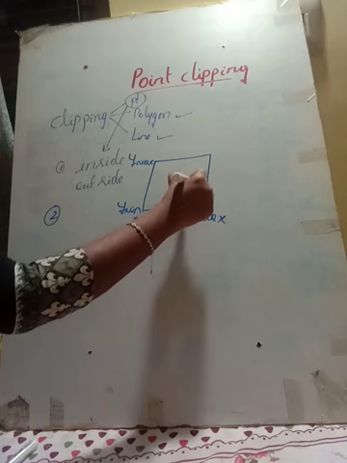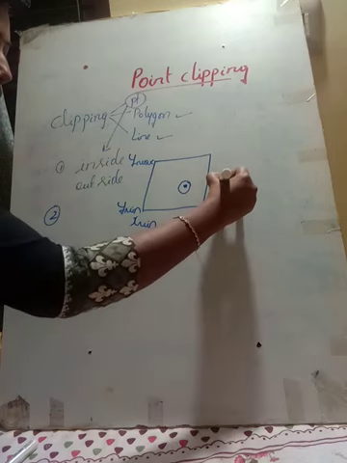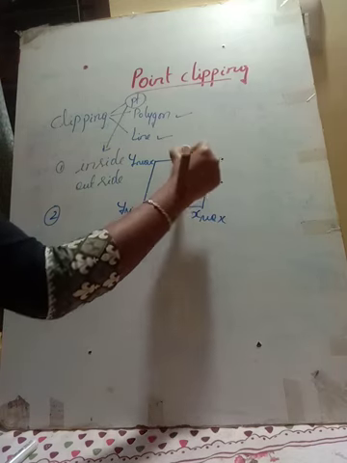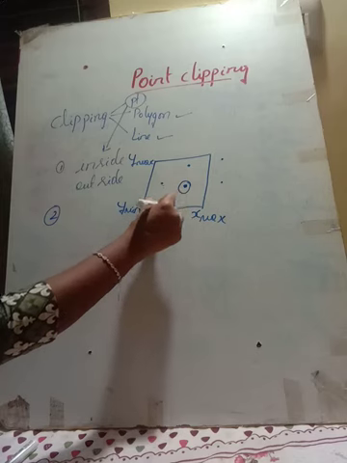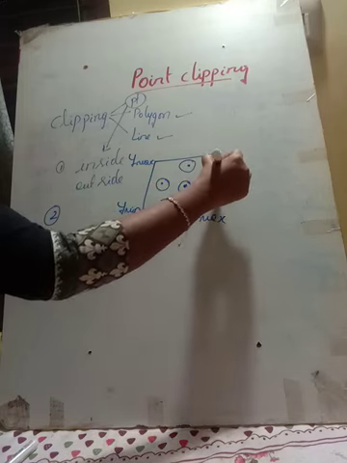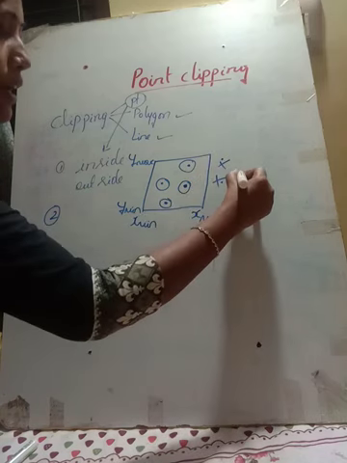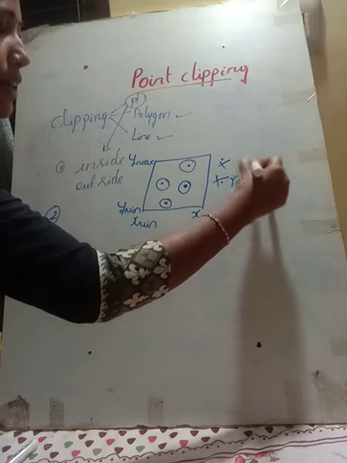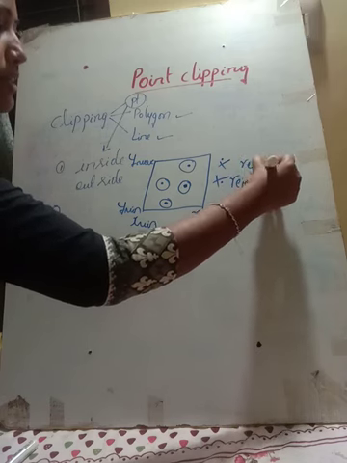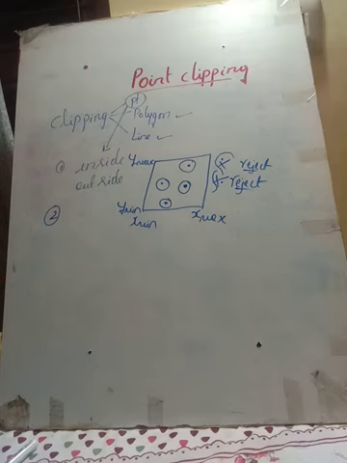If it is inside the window, it will be kept. If it is outside the window, we should not consider it. Only the point inside the window must be considered, and this is called rejecting a point. We must reject these points because they are outside the window.